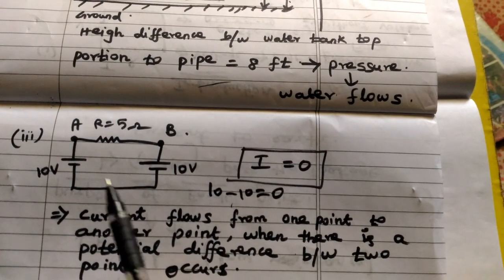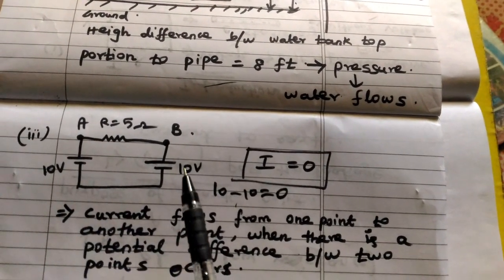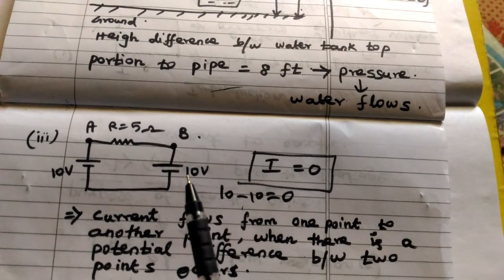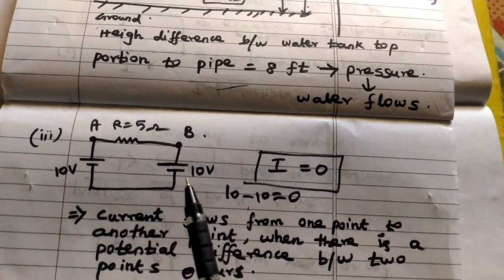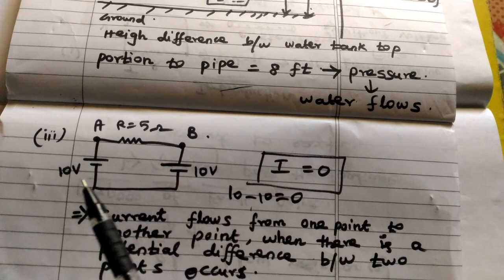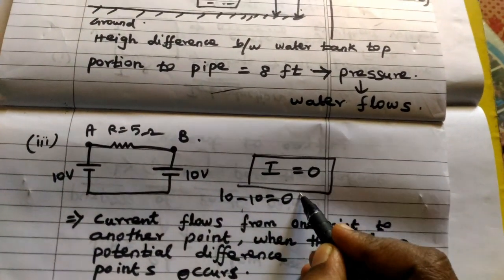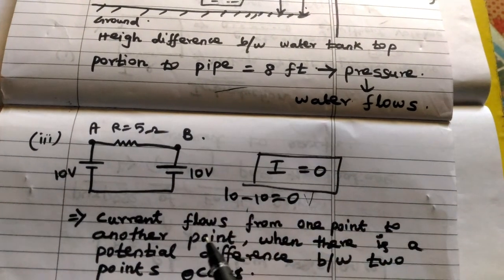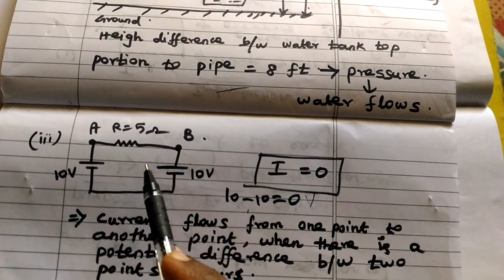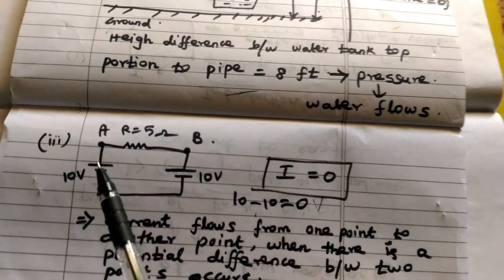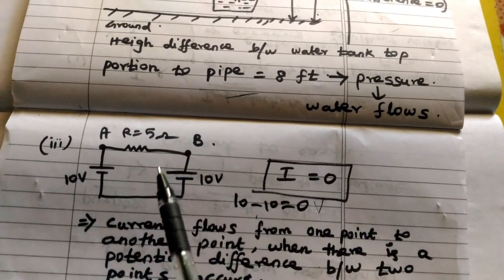Suppose I take another circuit. In this circuit there are two voltage sources, 10 volt and 10 volt. Both have equal values of voltage. So what about the potential difference for this circuit? 10 minus 10 is equal to 0 volt, right? This 0 volt means there is no force in the circuit, so the current is equal to 0. That is, the current is not flowing through the circuit.